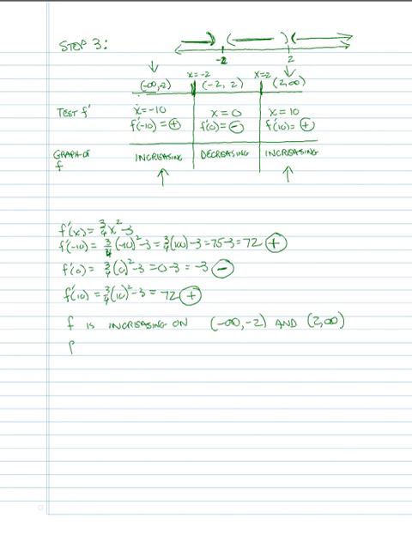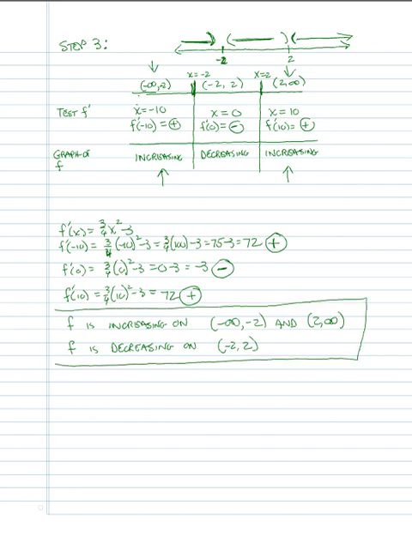And we also know that f is decreasing. That's where the derivative is negative, isn't it? It's decreasing on the interval between negative 2 and positive 2. And so we've answered the question without even looking at a graph.